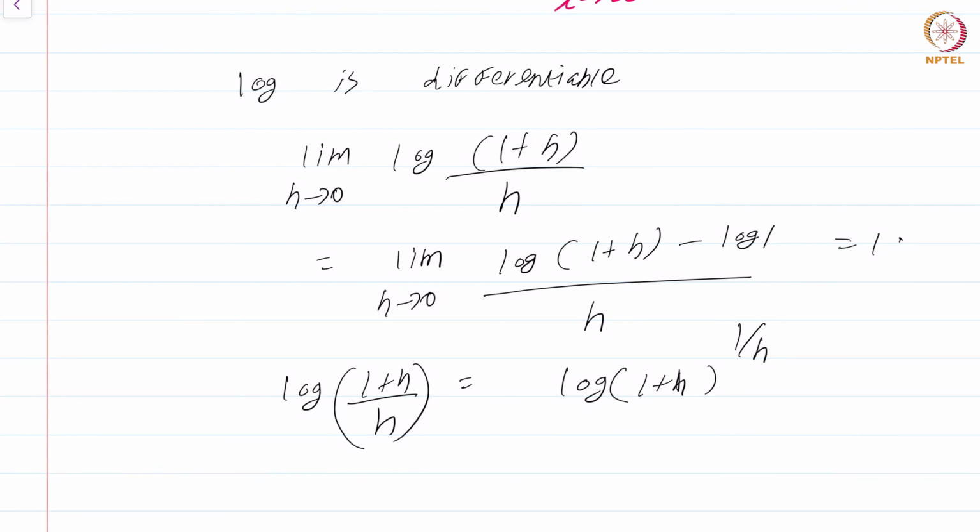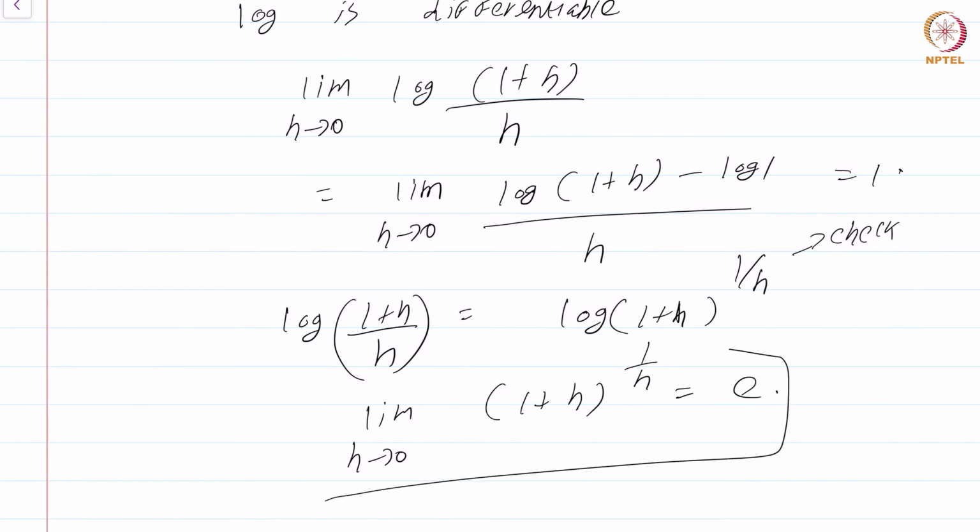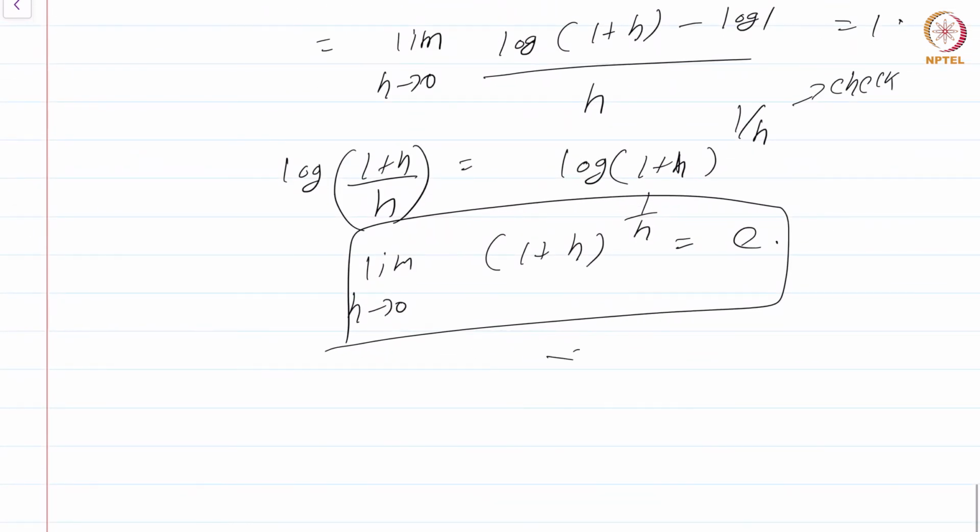Check this. This essentially follows from the basic property of the logarithm and the way we have defined exponentiating with respect to a real number. Now taking exponentials on both sides immediately gives limit h going to 0 of (1 plus h) power 1 by h is just e. So this is yet another way of seeing this famous limit. This is a famous limit.